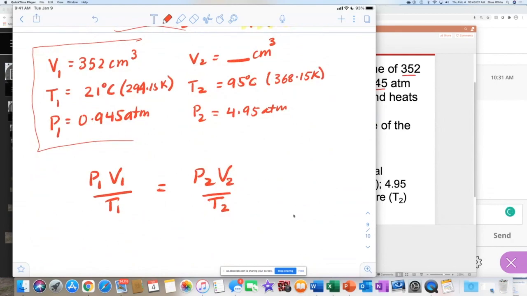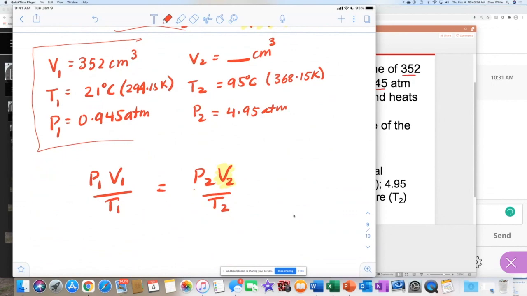We're trying to solve for what? V2? We're trying to solve for this one right here. So here's the fun part. We have to get V2 by itself. The quickest way is by getting rid of P2 and T2.